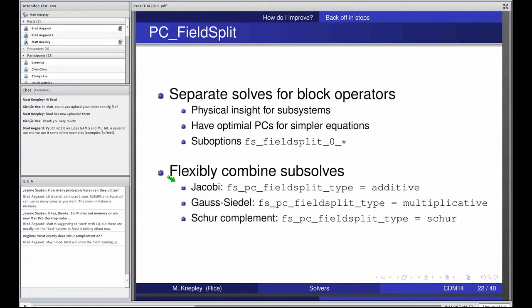If we solve them at once, if we say, okay, solve for the deformation assuming our initial tractions, solve for the tractions assuming our initial deformation, then we get additive. If we do them one after the other, so solve for the displacement, use the new displacement and solve for the fault tractions, use the new traction, solve for the displacement, then you get multiplicative, which converges faster, but it's serialized in that sense. You can't solve it all at once. You have to solve one piece and then the other.